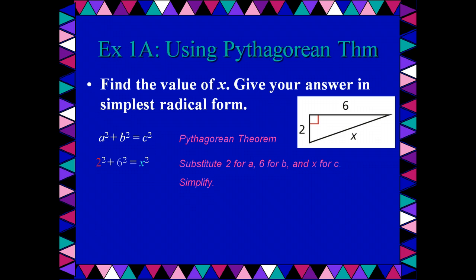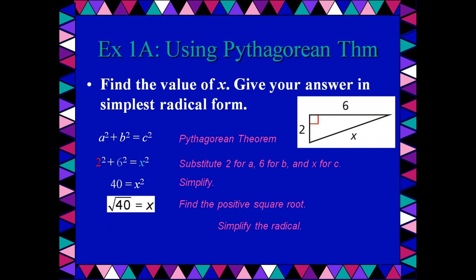So 2 squared plus 6 squared gives us 40 equals x squared. Find the positive square root because distance is positive, and we get the square root of 40 equals x. Simplifying the radical, we have 4 times 10 underneath the radical. The square root of 4 is 2, so x equals 2 square roots of 10.